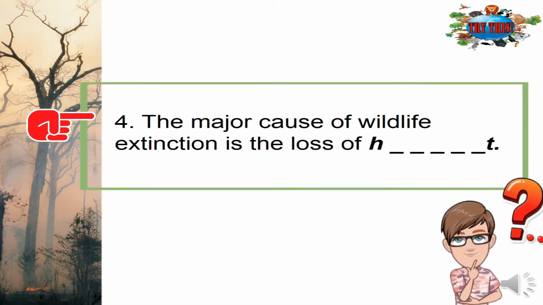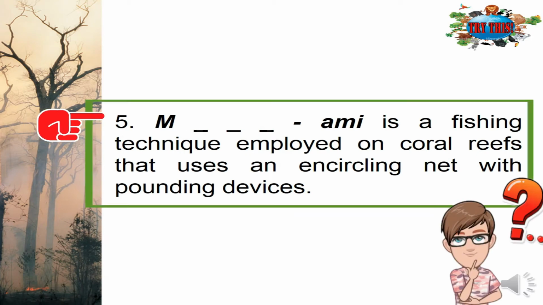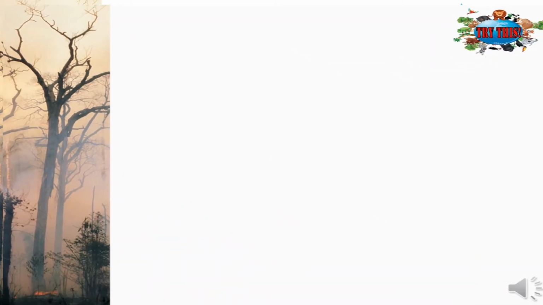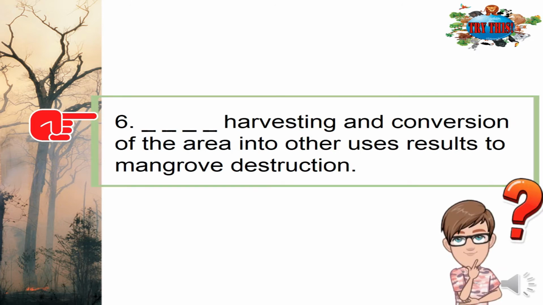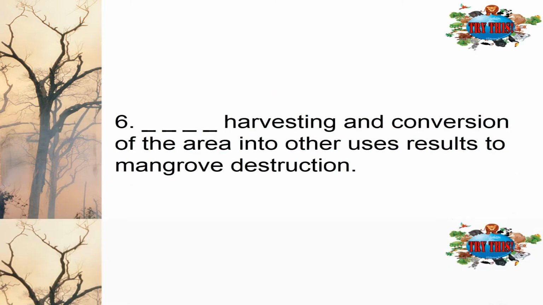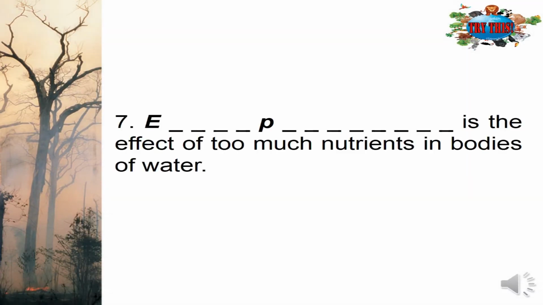4. The major cause of wildlife extinction is the loss of blank. 5. Blank is a fishing technique employed on coral reefs that uses an encircling net with pounding devices. 6. Harvesting and conversion of the area into other uses results to mangrove destruction. 7.